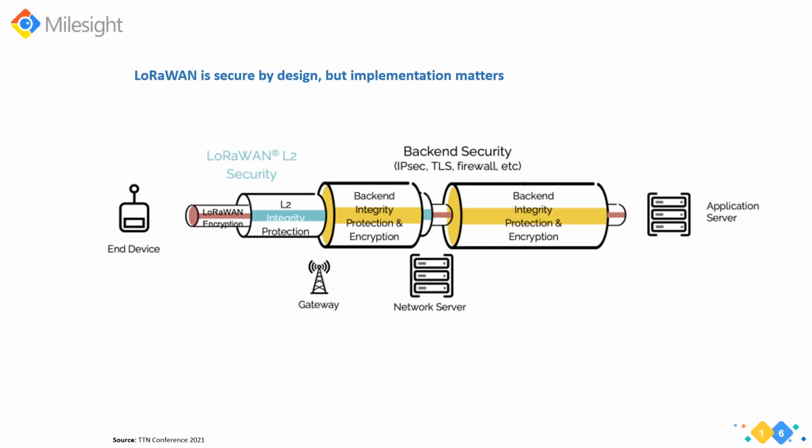And the same goes obviously from the network server to the application server over the internet. And by the way, if you use our Milesight gateway, for example, the network server is always embedded into the gateway hardware. So you can communicate with the final application server through the Ethernet port, through a wired cable, or through wireless, such as the cellular network, 3G, 4G or even 5G.